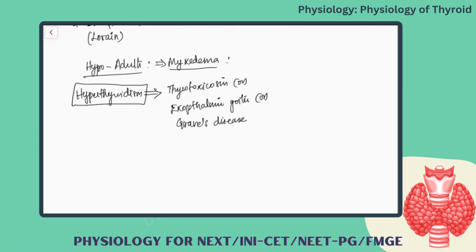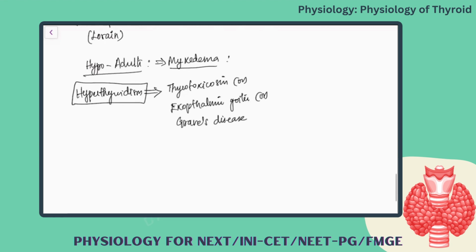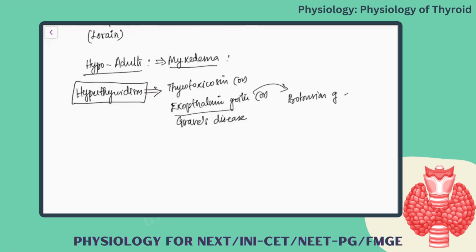So in this case of hyperthyroidism, why it is called exophthalmic goiter: the main thing you will notice easily, without any investigation, is protrusion of the eyeball, and the person looks like a dead person in the graveyard. That is why it is termed Graves' disease.